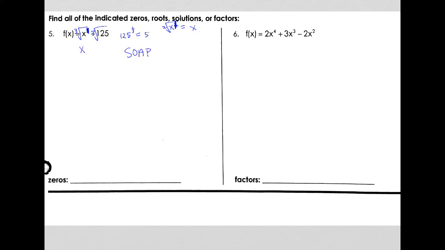I'm going to have a 2-term polynomial and a 3-term. So let's erase some of this out of here. I notice my sign right there is a negative. SOAP says that your sign inside there is going to stay the same.